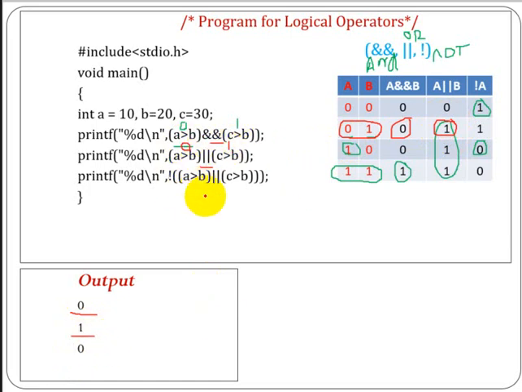And similarly, for the NOT. The exact output of this, I'm going to just negate it. Which means I'm just going for the NOT operator. So it's just a reverse of your output. Whenever you get 1, obviously you'll get 0. So you can see here you are getting a 0 as an output. So this is how the logical operators are going to function.